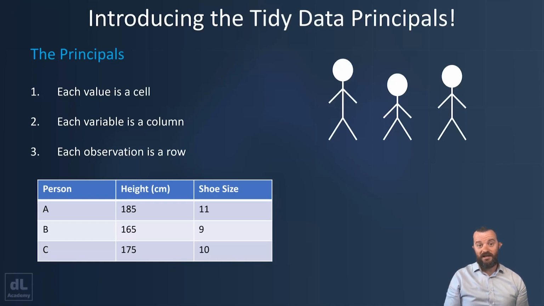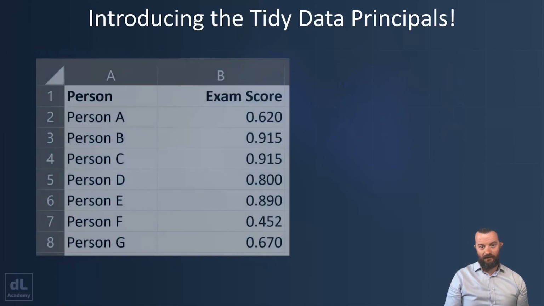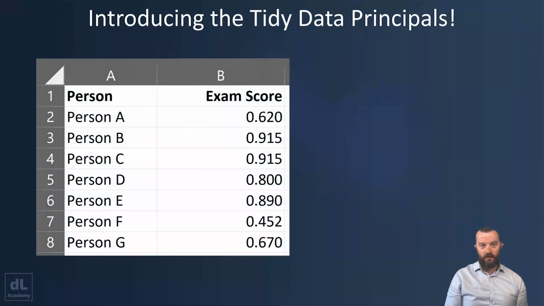We can also see from this very simple tidy data set something that would be considered best practice as well, that the values within each variable are all of the same data type. Now if we go back to the example from earlier, we can now articulate why this would be a clean data set.